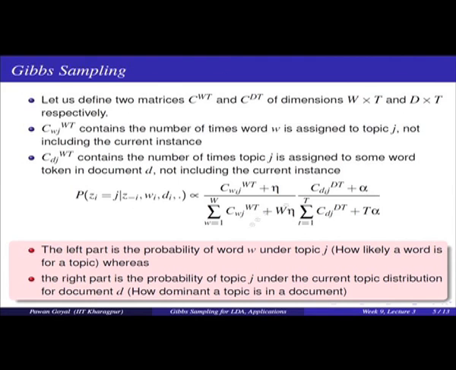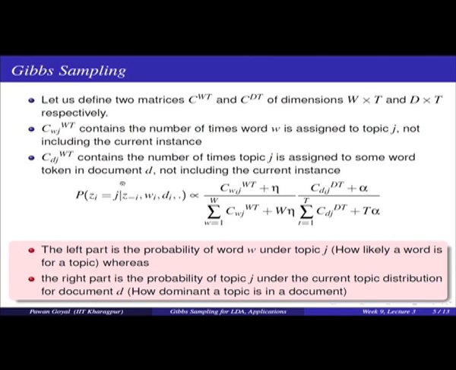The left part here is the probability of the word w under the topic j, that is how likely the word is for a topic, and the right part is the probability of topic j under the current topic distribution for the document D. This is what we had seen also in the previous slide, when we were doing it on paper. Now this will give you the probability distribution over all the topics given this token.